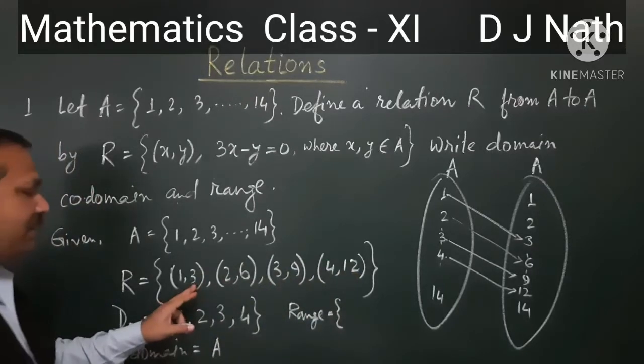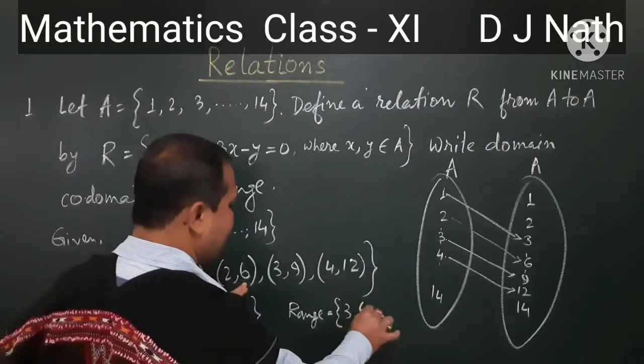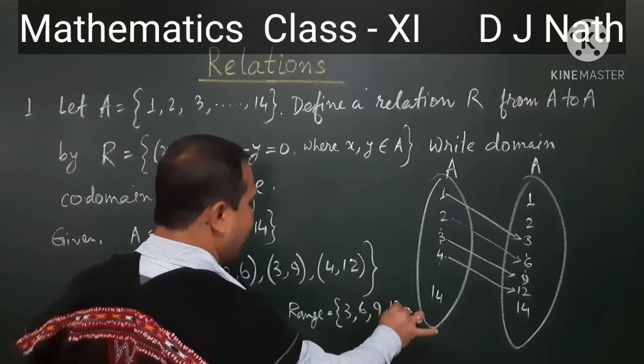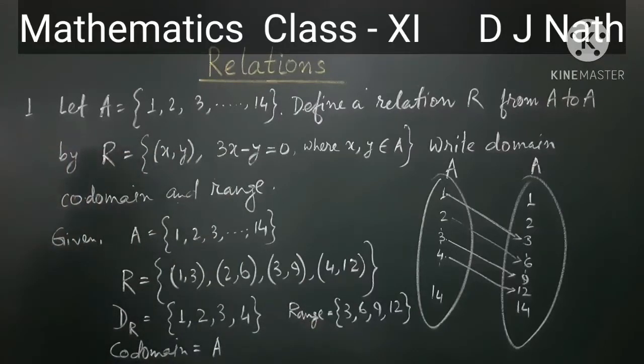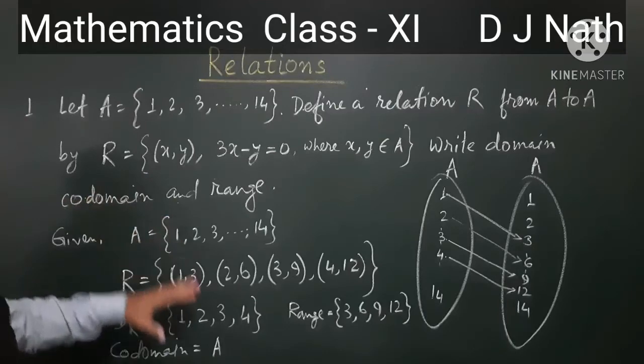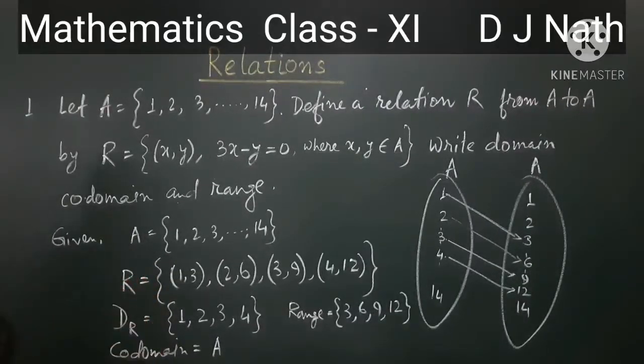So the range is 3, then 6, 9 and 12. This is called the range. So what is the domain, what is the codomain and what is the range? Is it clear? Then we will see one more question.